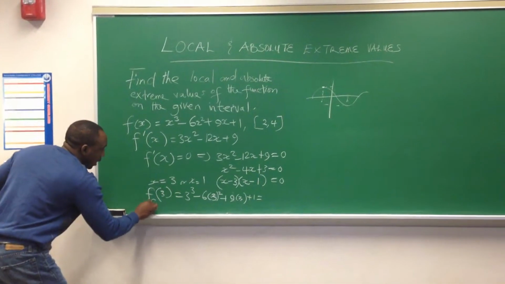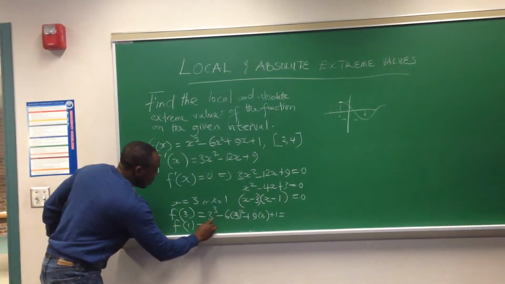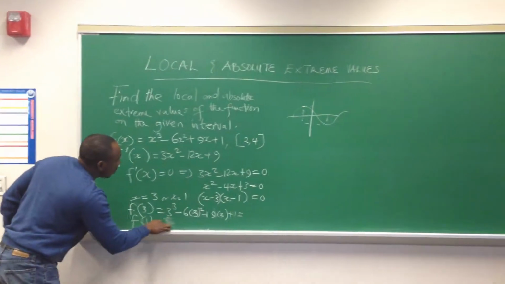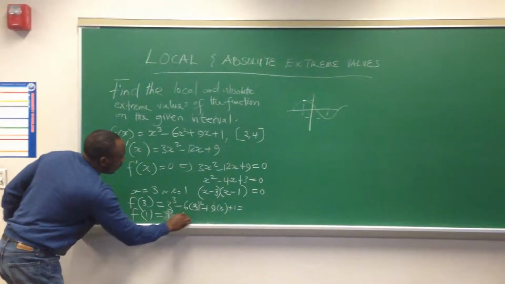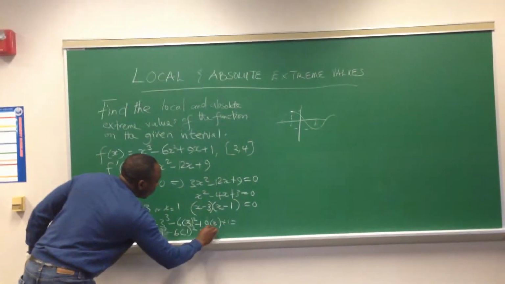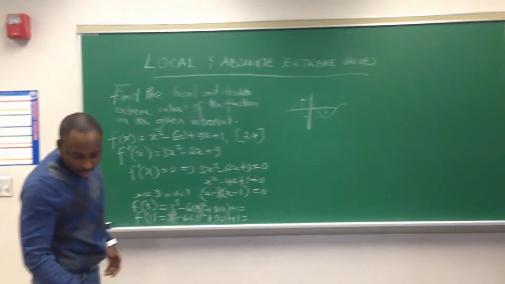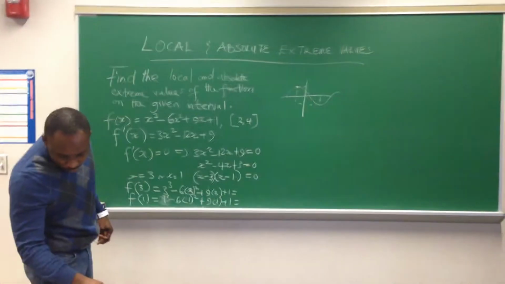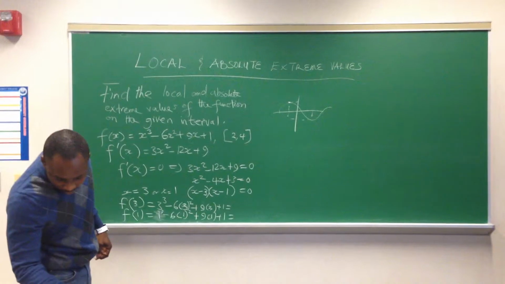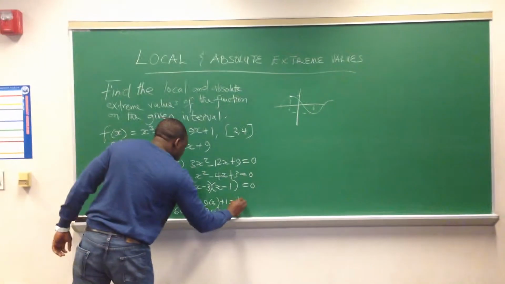I also need to get f when x is 1: 1 to the power 3, minus 6 multiplied by 1 squared, plus 9, plus 1. To save time, f of 3 should be 1.